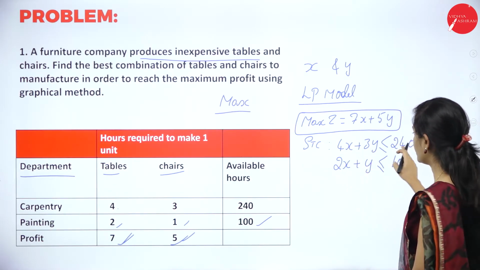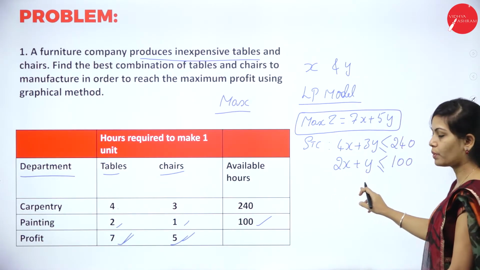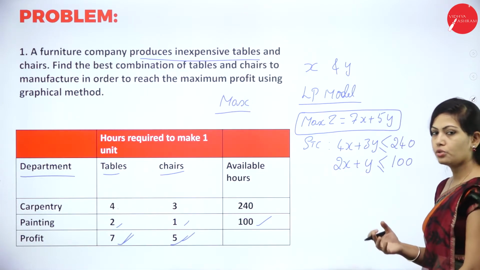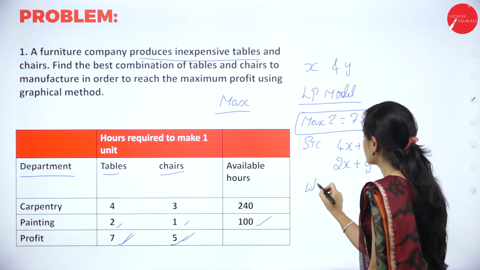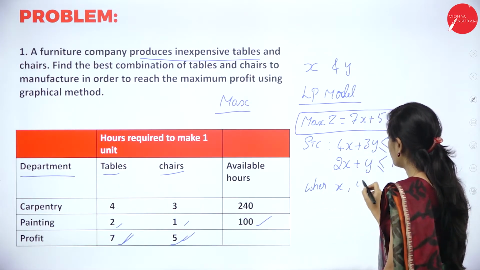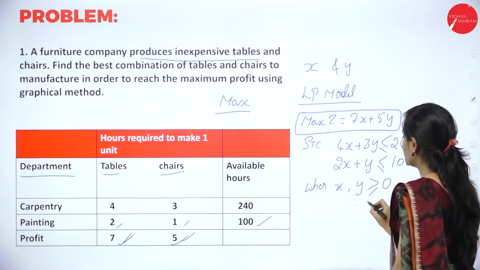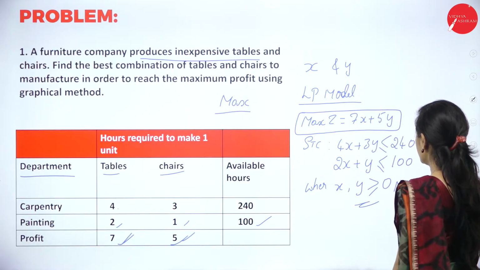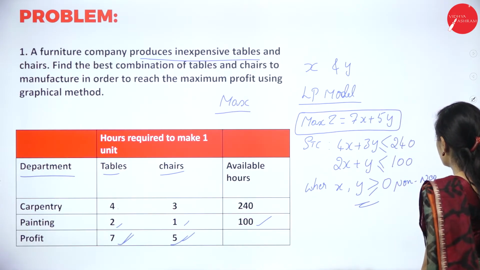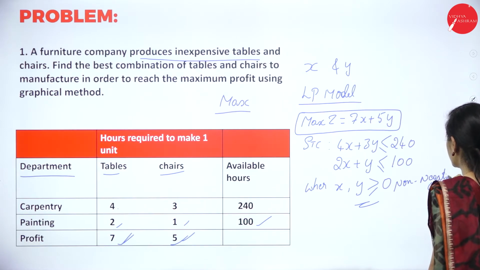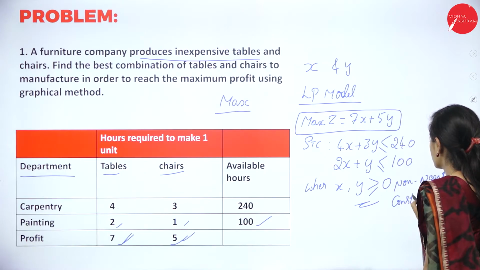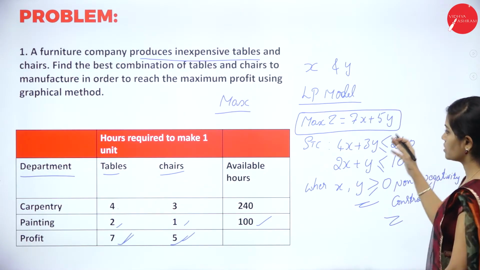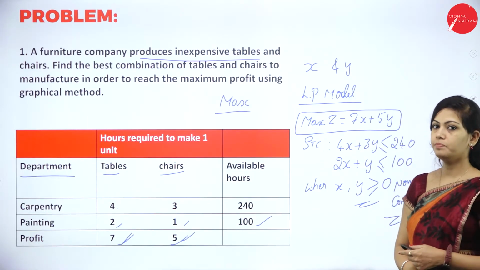4x plus 3y less than or equal to 240, and 2x plus y less than or equal to 100. Usually x, y greater than or equal to 0 is the non-negativity constraint. So this is your LP model.